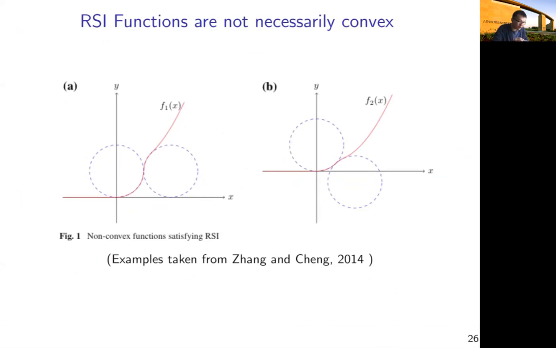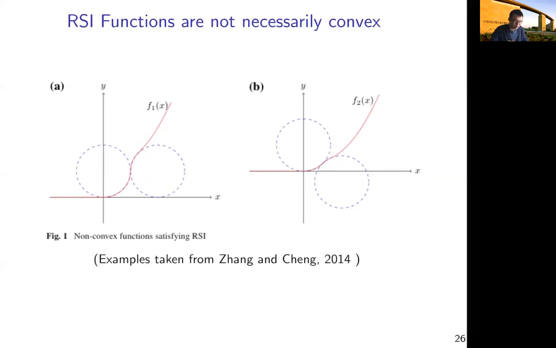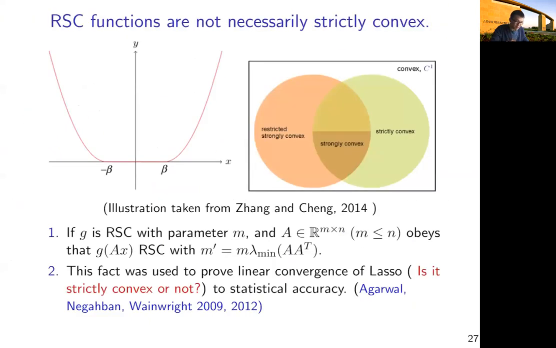Notice that for any point on the right-hand side, the projection of it to the optimal set is always the origin. On the other hand, the function is growing fast enough that for all x, the RSI is actually true.